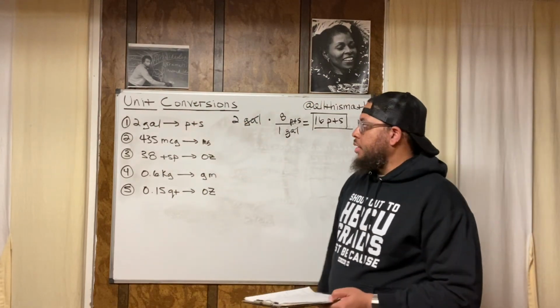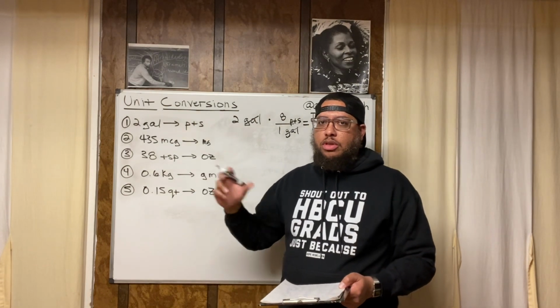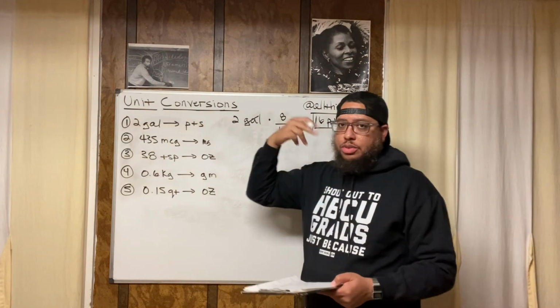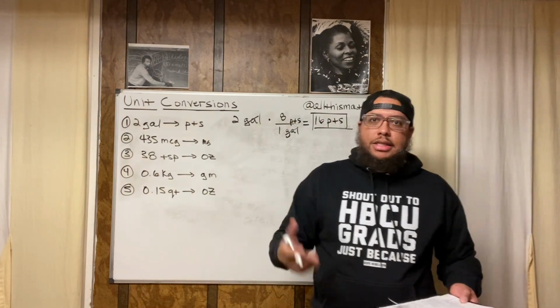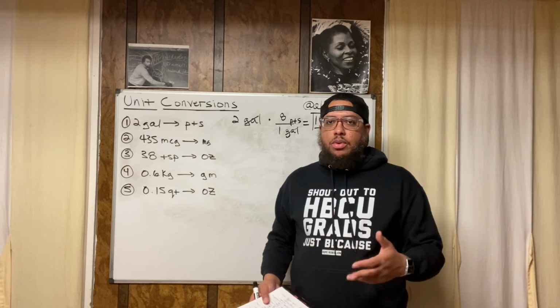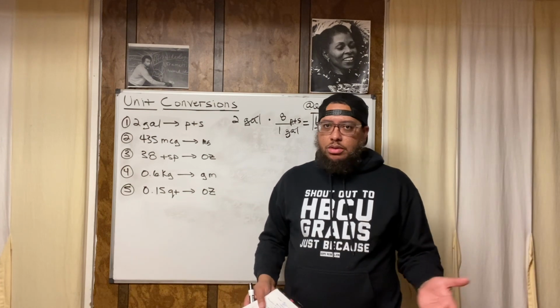That's it. Once you start to learn the equivalencies between these different measurements, you won't need to show all the work. You'll be able to do this in your head. Like if you know that 7 days is 1 week, then you know that 3 weeks is 21 days. You just do 3 times 7, 21.